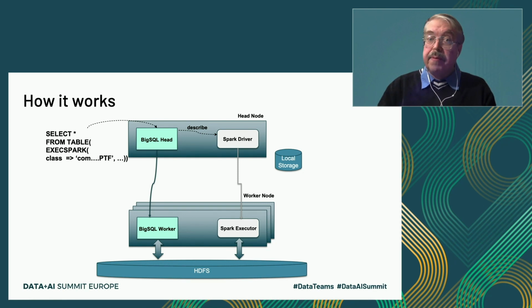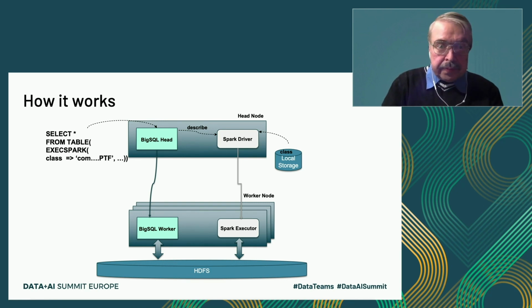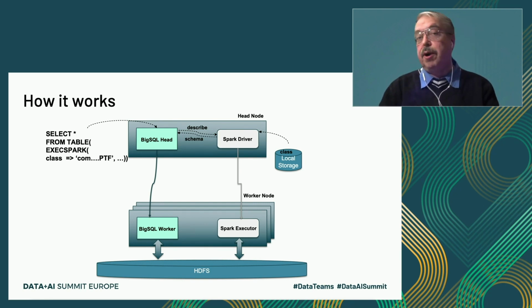In the Spark driver, of course, you have a local storage of your class, and then, for instance in the case of the JSON file, you are reading the JSON file and returning the schema, or whatever your describe method is doing. It's giving the information about the schema to BigSQL.